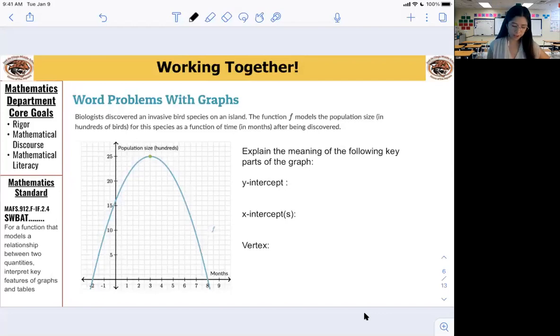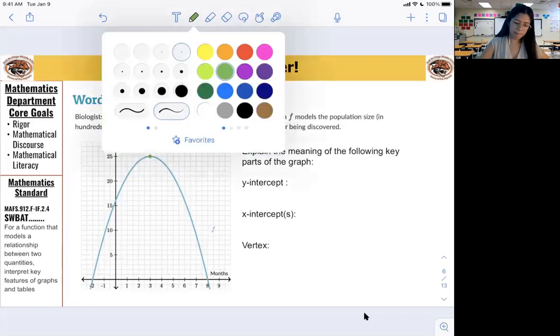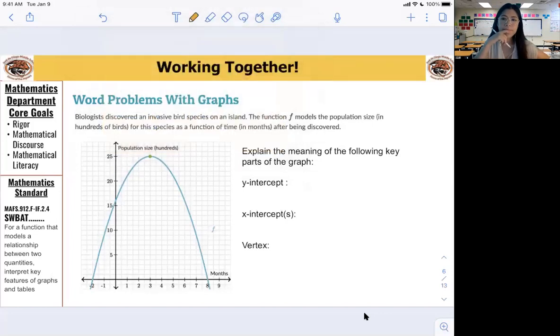So where's the y-intercept? Where is it? You can find the exact value. Should I zoom in?